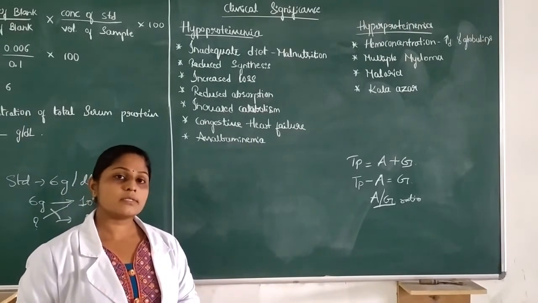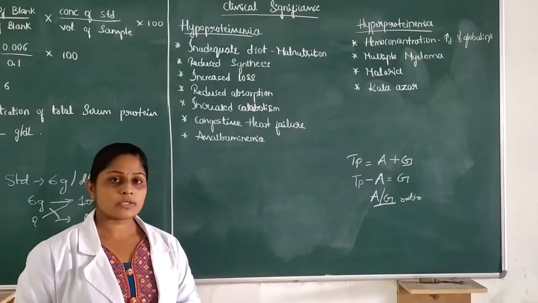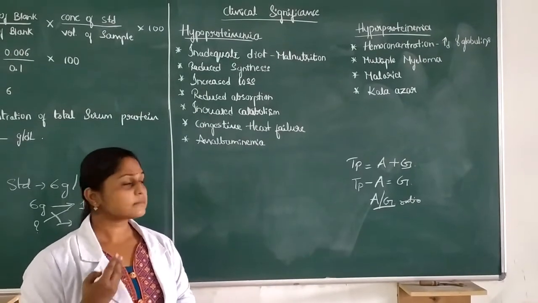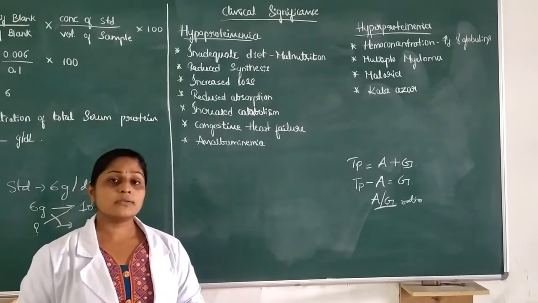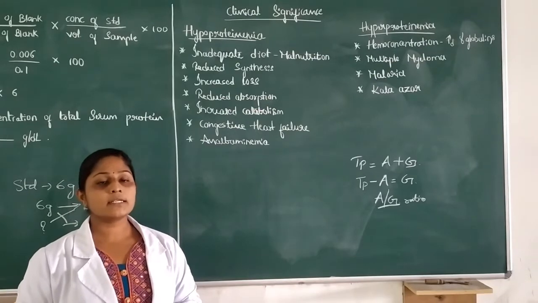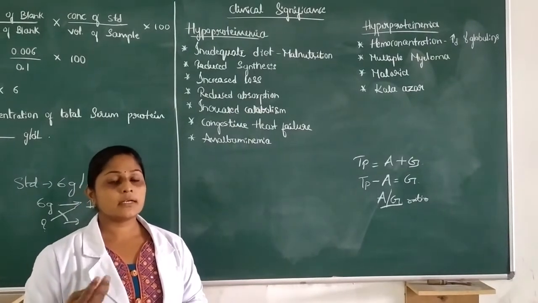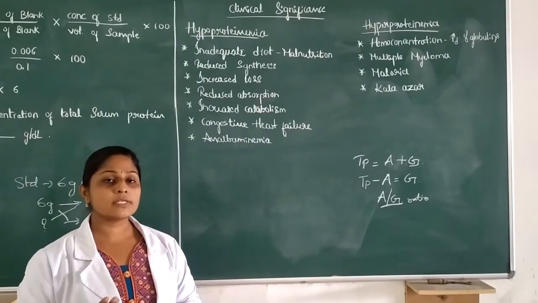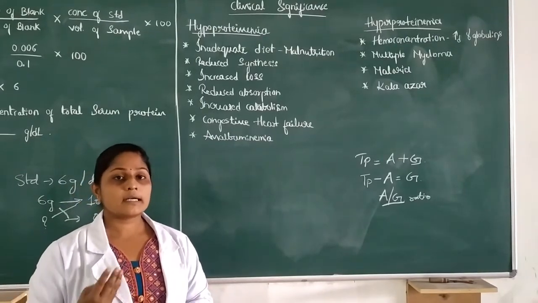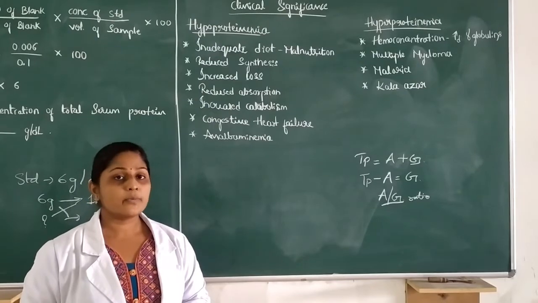There are two conditions, marasmus and kwashiorkor. In marasmus mainly energy deficiency is there, whereas in kwashiorkor it is protein deficiency. If the child is suffering from kwashiorkor, there will be reduced albumin level, usually less than 2 grams per deciliter. That we characterize as hypoproteinemia.